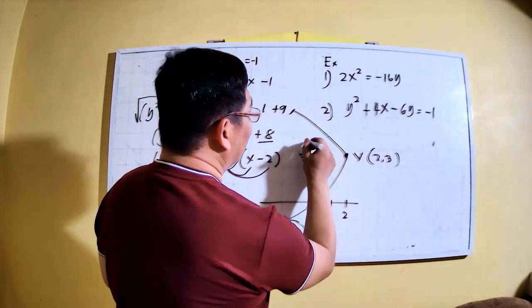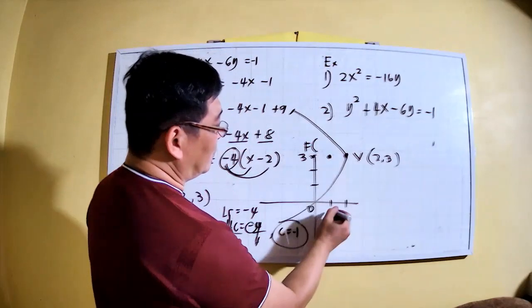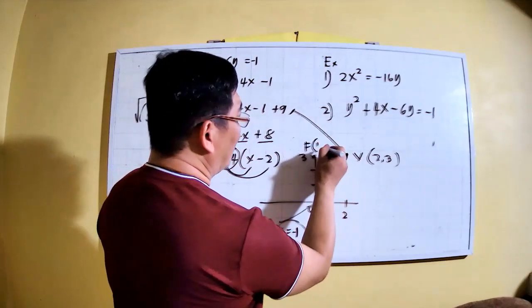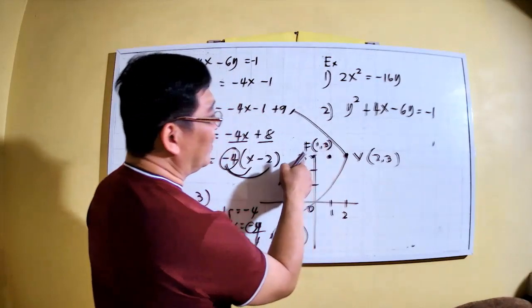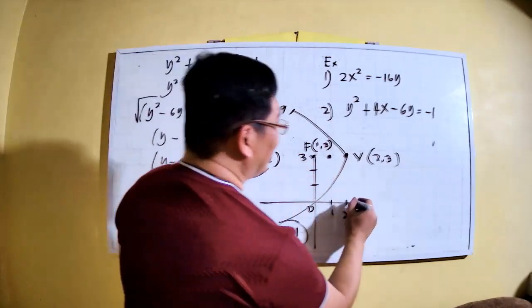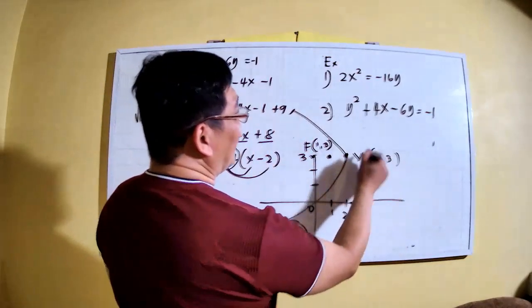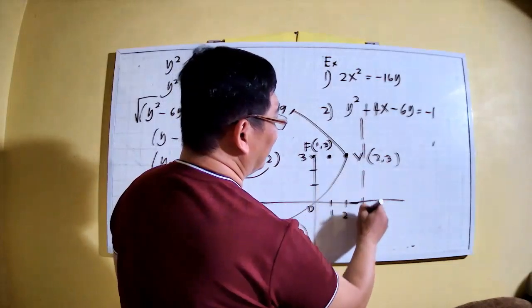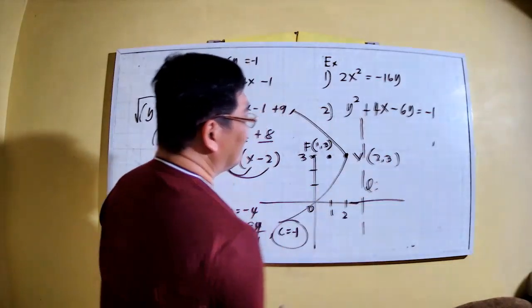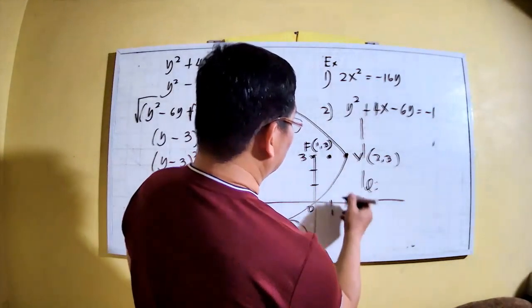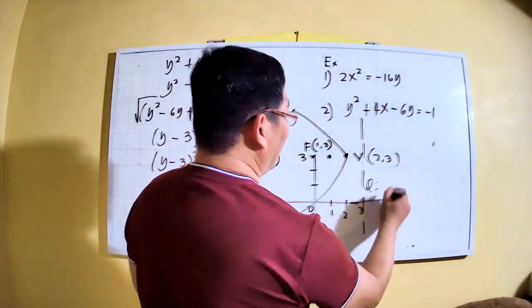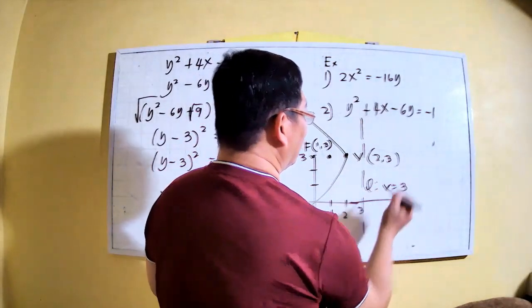Focus is at 1, 3. And then the directrix is, sa kabila naman yung directrix. Directrix is, kung 2 ito, 3, x is equals to 3.